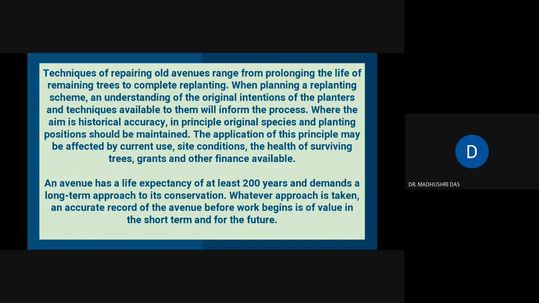An avenue tree has a life expectancy of at least 200 years and demands a long-term approach. So its conservation is important. Whatever approach is taken, an accurate record of the avenue before work begins is of value in the short term and for the future.